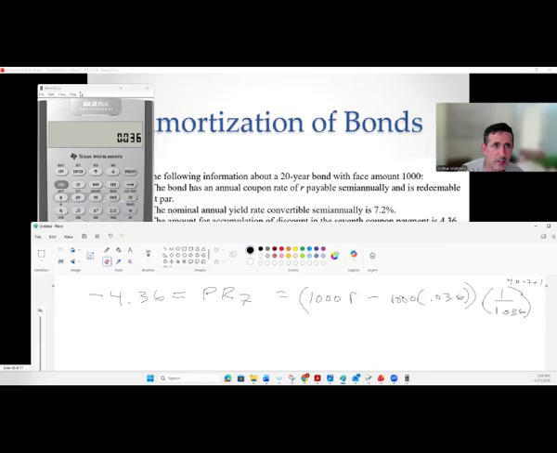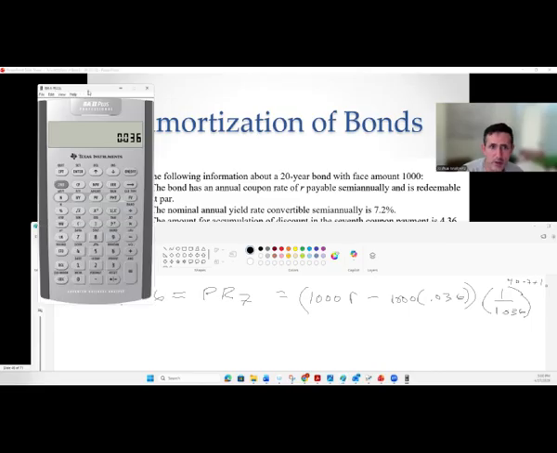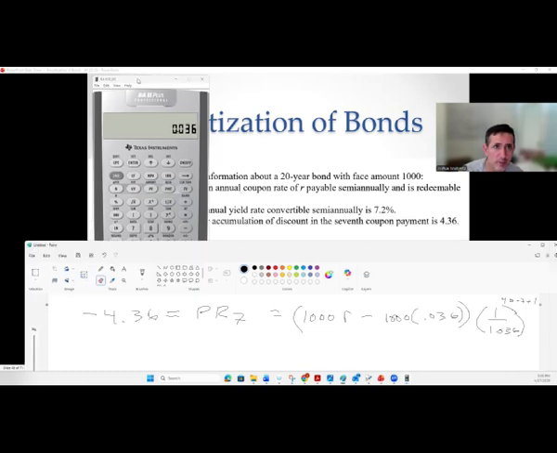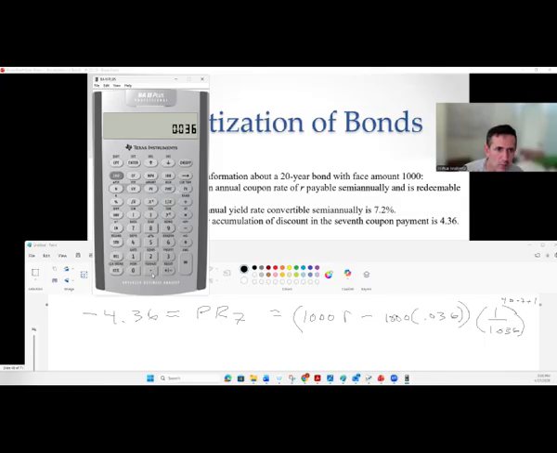Okay, so easy peasy. Figure out what R is. I'll just pop it in the calculator. So 4.36 times 1.036 to the 34. All right, 14.51.